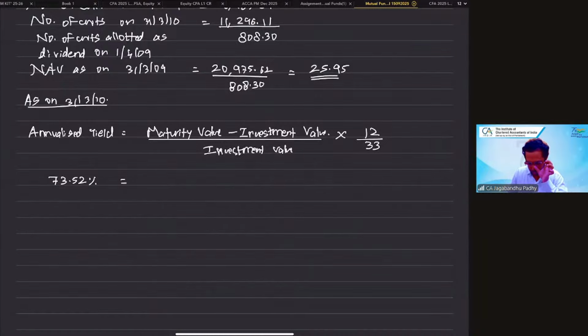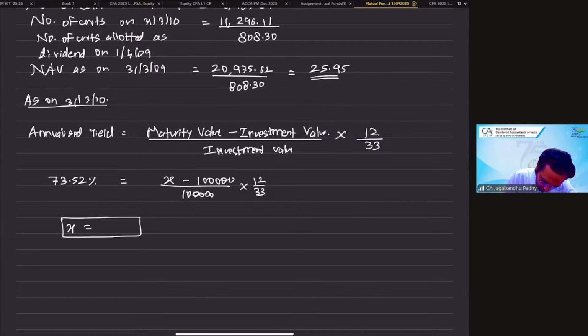73.52% is maturity value minus investment value. Now, we don't know what the maturity value is, so let me take it as X. Investment value was 1 lakh, upon 1 lakh, into 12 by 33.